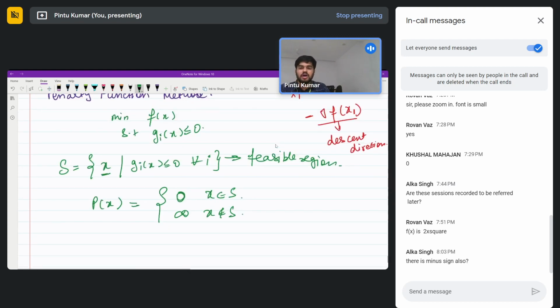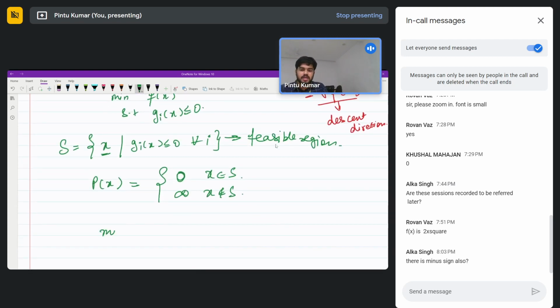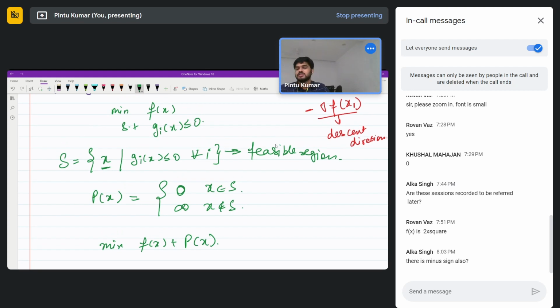Okay. And now, if you minimize f of x plus p of x, rather than just minimizing f of x, what would happen is, if you encounter a point which is a part of S, then this would be the same as minimizing f of x, because p of x would become 0 whenever x belongs to S. So this would be the same as your original problem.